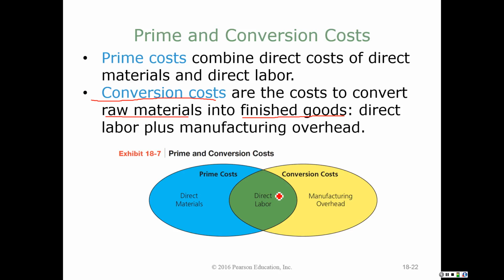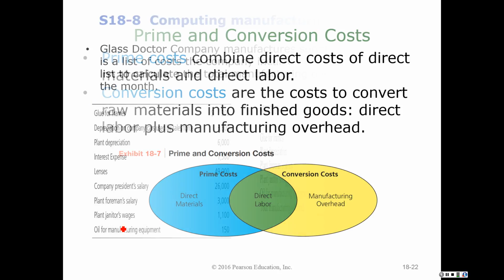Okay, so as I have my direct materials, my raw materials, I begin to add some labor to convert them to a finished product. I add some overhead, my supervisor's salary, the glue on the windshields, the depreciation possibly that's taking place on some of those machines. All of these costs together will help me to generate a finished product.